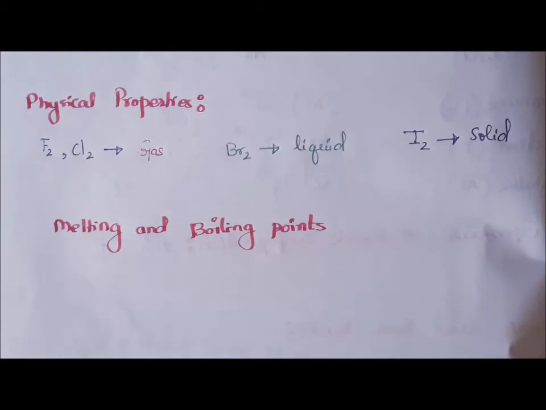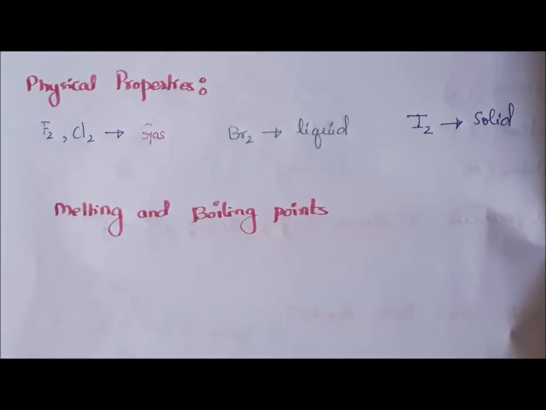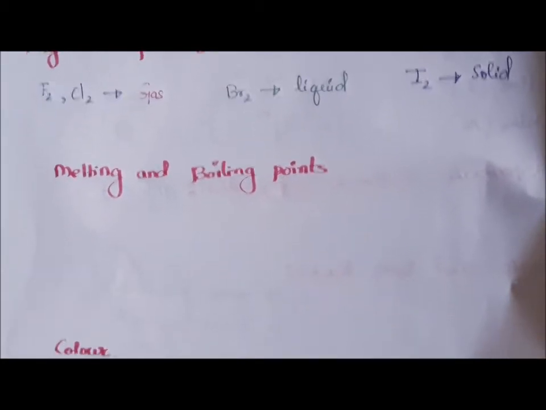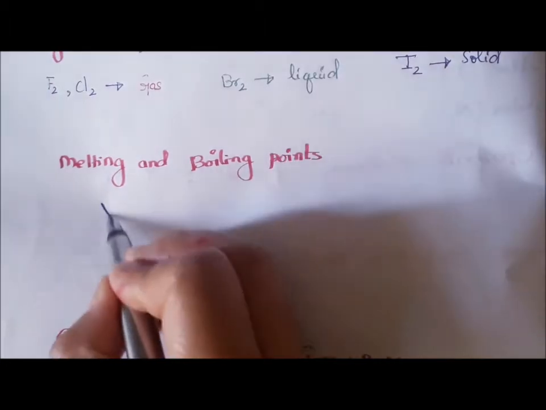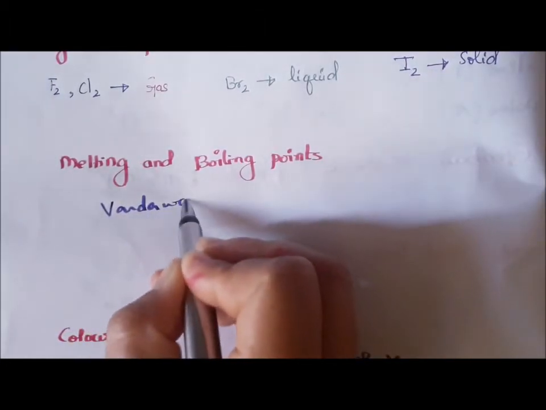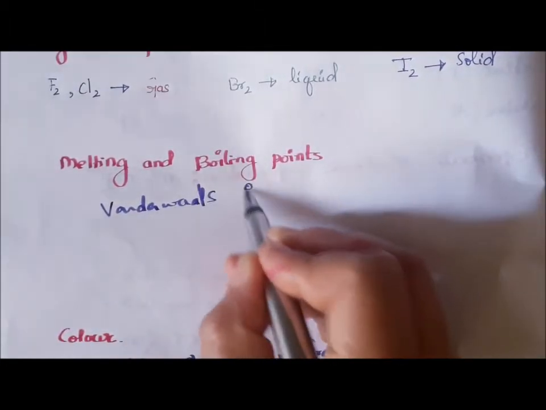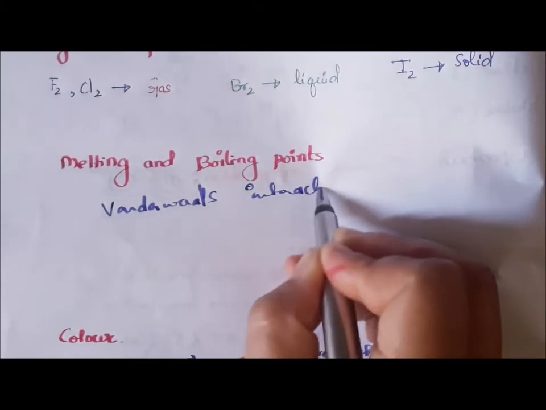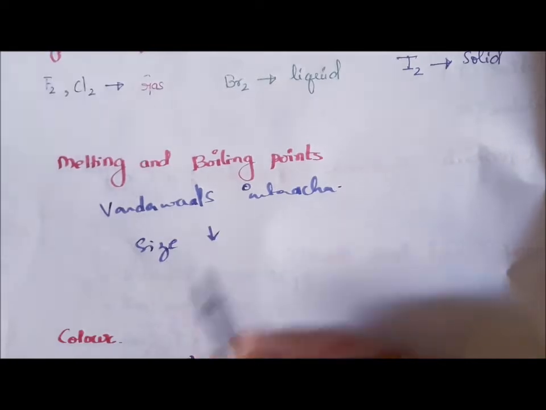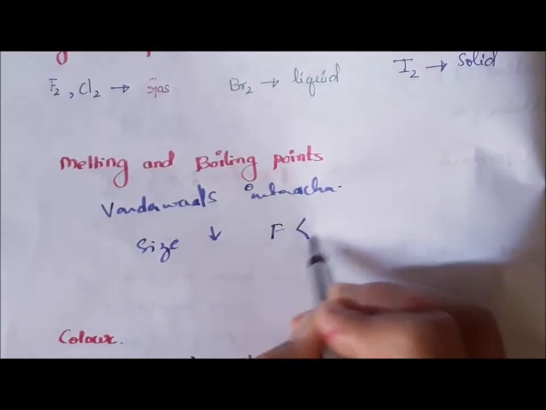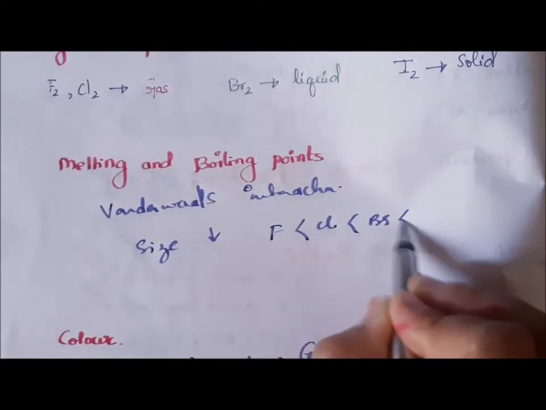Next is melting point and boiling point. Now on moving down the group, what will happen to the atomic size? It increases, right? The interaction present in fluorine, chlorine, bromine is van der Waals interaction. Size increases down the group, fluorine, chlorine, bromine, iodine.